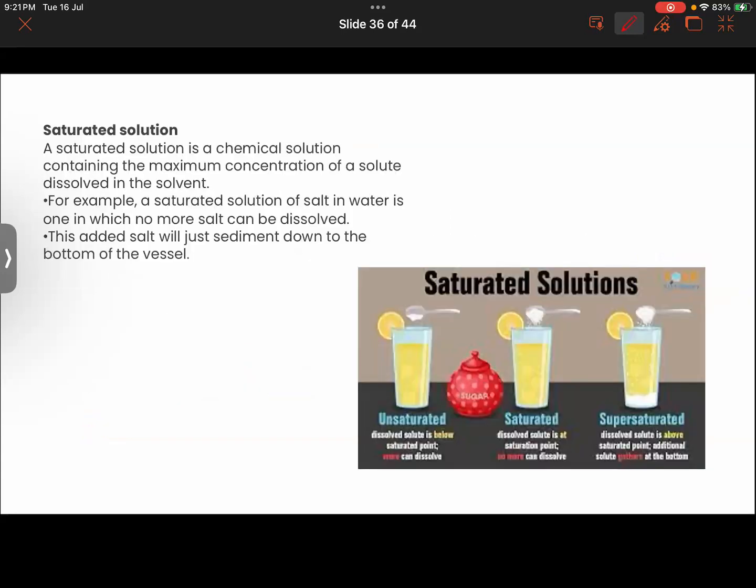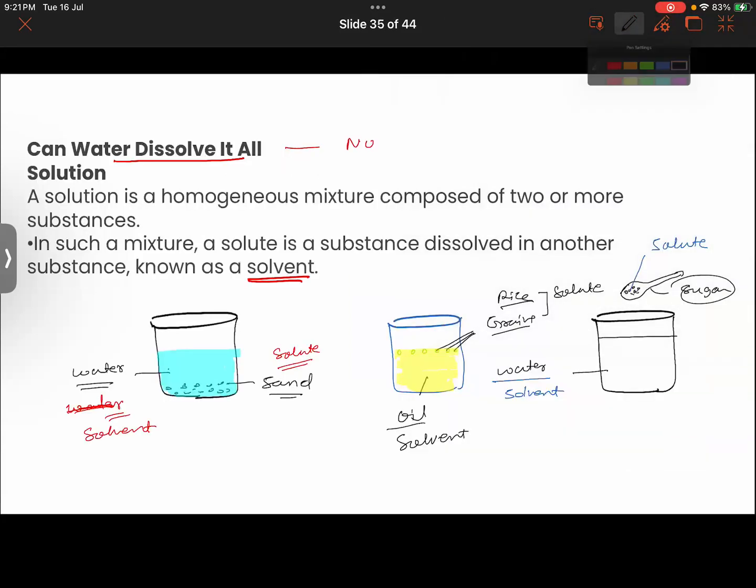Okay, then. Now let us understand the important thing. Talking about saturated solution, let us learn about what a saturated solution is. For example, you have made a solution. Also, one more thing, guys. We use this term often, solution.